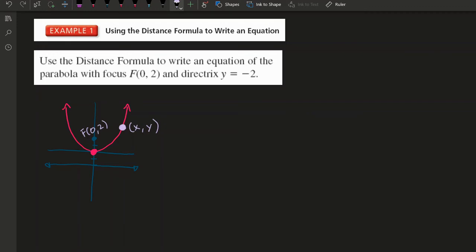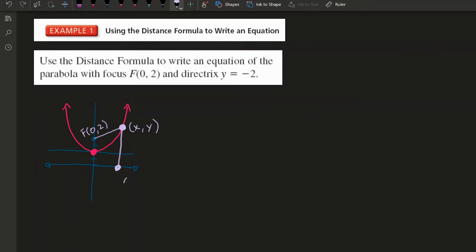So I've got two distances that I need to compare. The first one is the distance from the focus to this point. The second one is the distance from the point going straight down at 90 degrees to the directrix. So I've got this point right here. We have to stop and think for a second, what are the coordinates of that point?